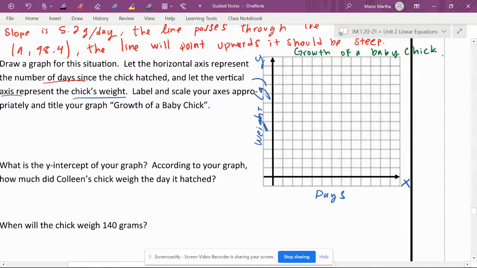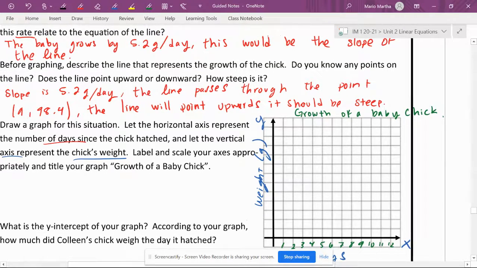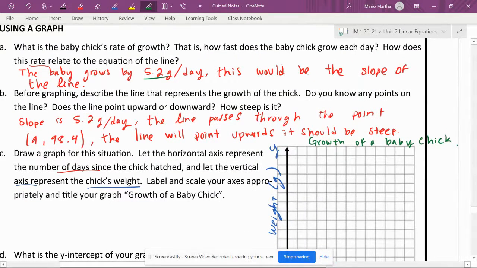So what we want to do first is start off. On the x-axis, we should be going by ones. So this is going to be 1, 2, 3, 4. And then on the y-axis, since we are growing 5.2 grams, and at 9 it's already at 98, let's go by tens.